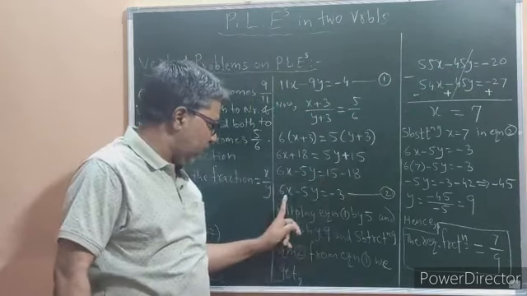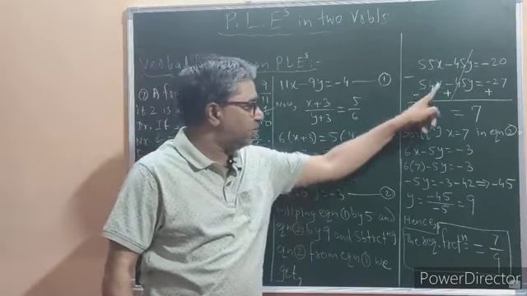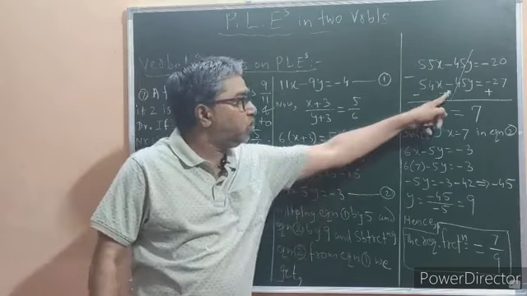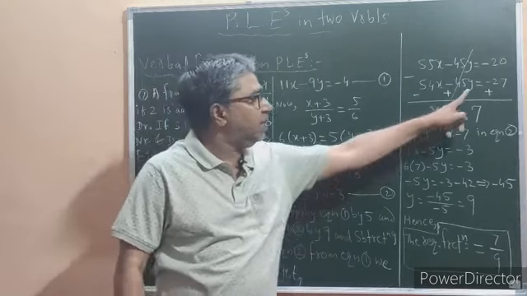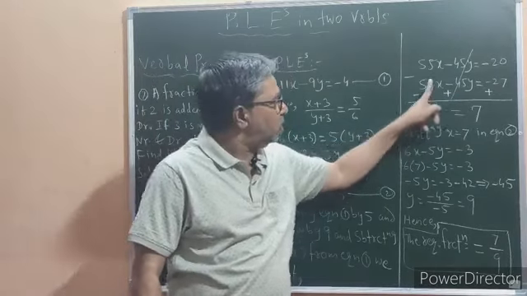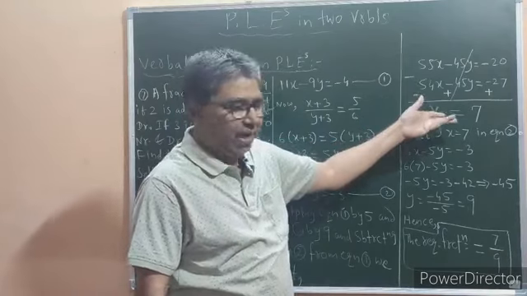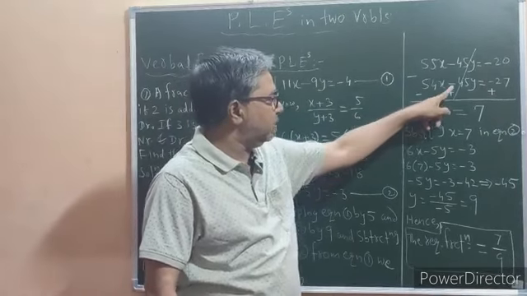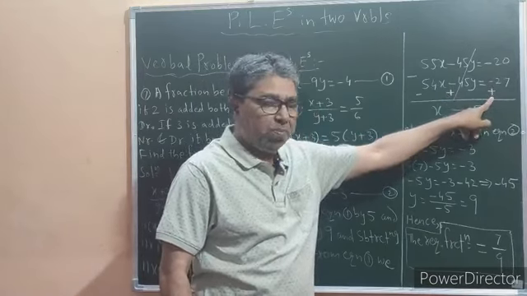Multiply equation 2 by 9. 9 6s are 54x minus 9 5s are 45y is equal to 9 minus 3s are minus 27. So we are going to subtract, which means we have to change the sign and add. So this minus will become plus, and this minus will also become plus.